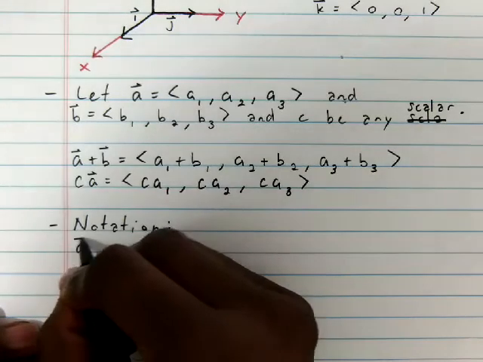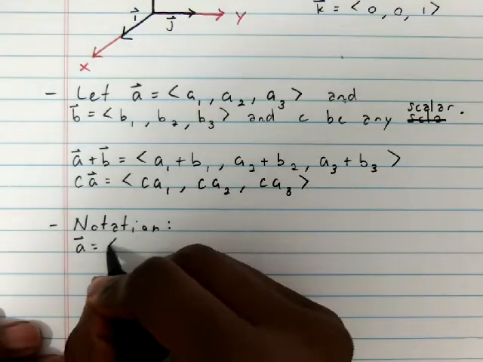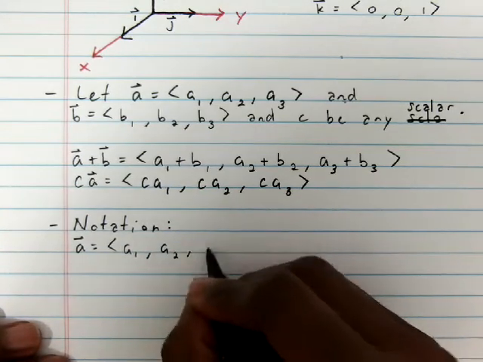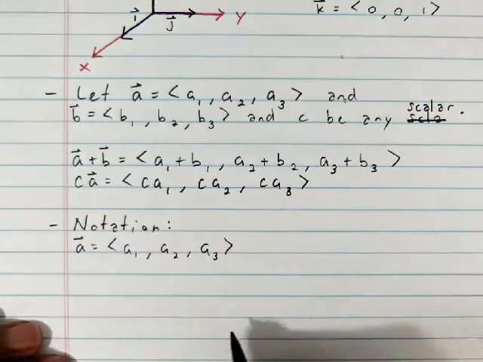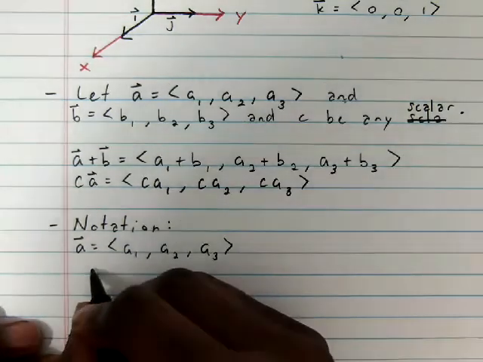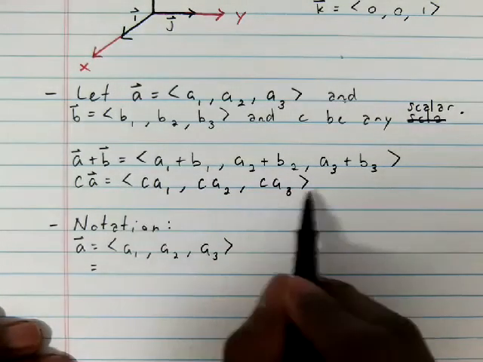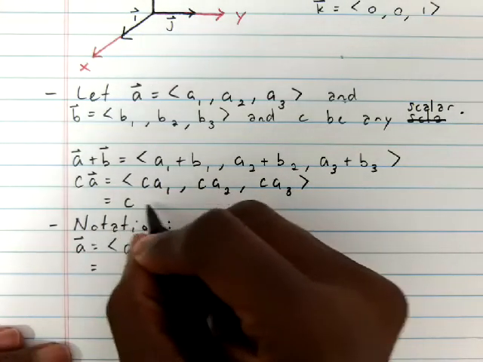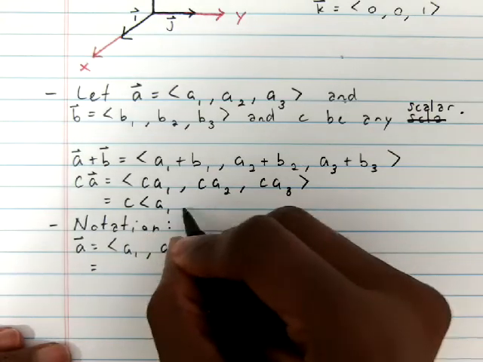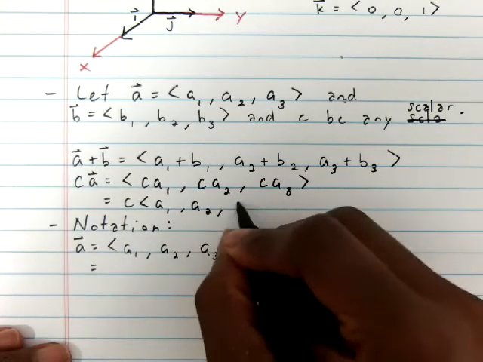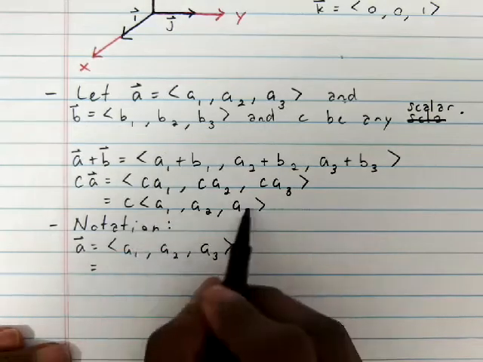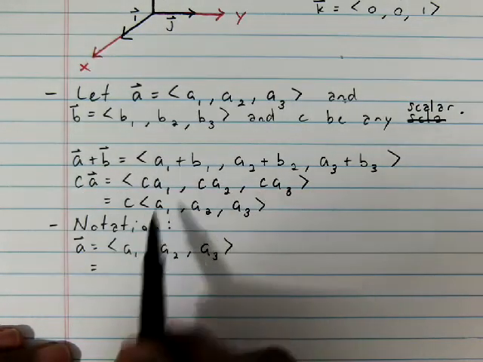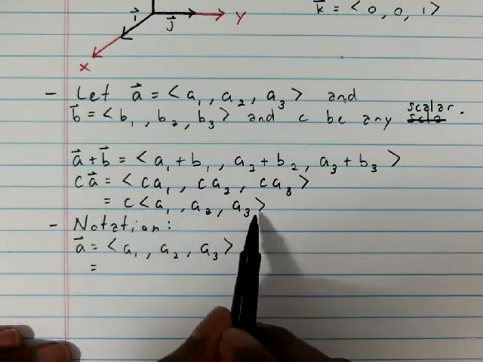Our vector A that we were given, a vector with components A1, A2, and A3. Now we can rewrite this in another form. We could also write this as c times the vector written out. So this and this and this all say the same thing, and you could see any one of the three. I'm going to use the one down here.